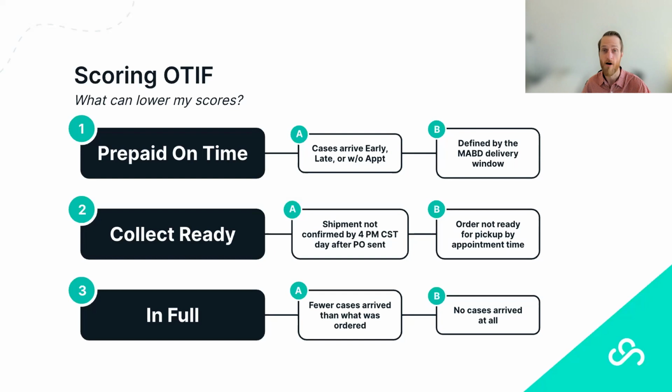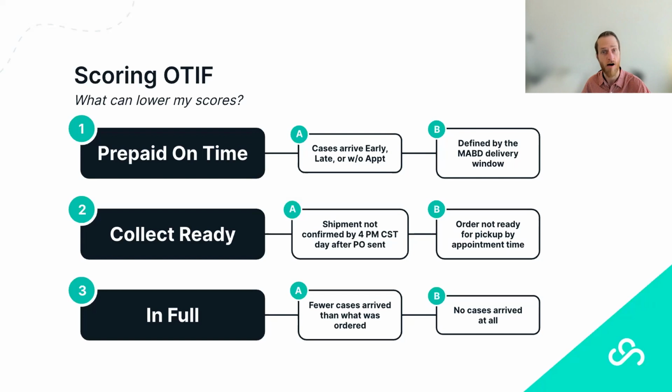On the in full side, common root causes: obviously, if Walmart doesn't receive everything that they ordered, that's going to cause a not in full scenario. Or, if nothing is shipped at all, that would cause a not in full fine too.